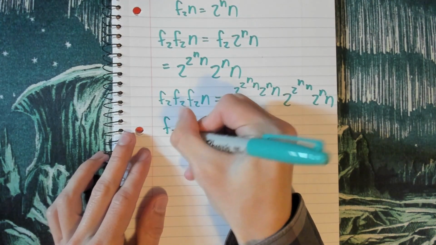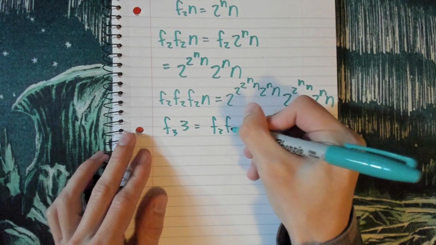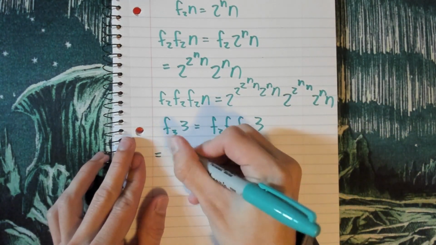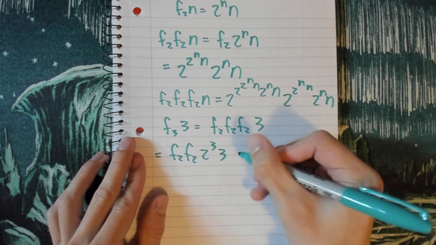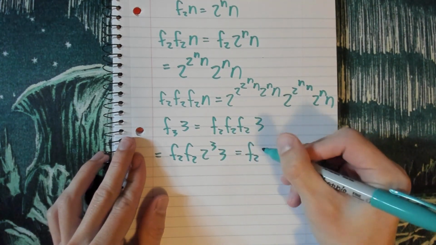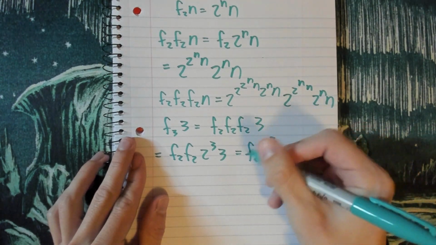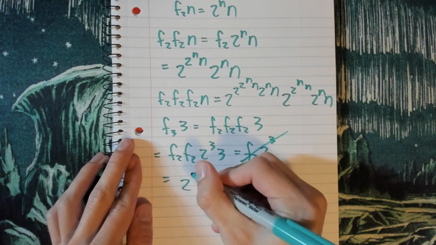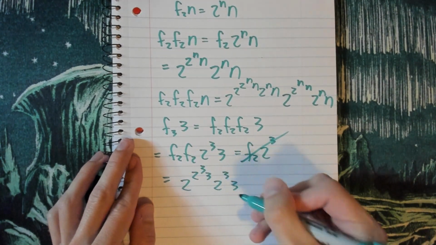So f3 of 3 is going to be f2 of 3, which is going to be f2 of 2 to the 3 times 3, which is going to be 2 to the 2 to the 3 times 3 times 2 to the 3 times 3.